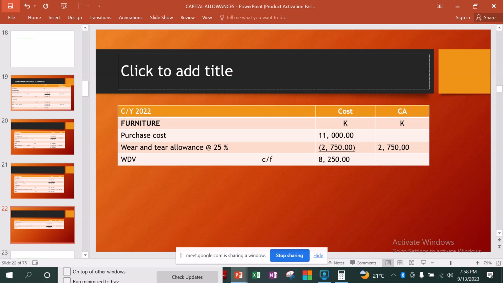We have learned that you should be able to distinguish for motor vehicles that which is a commercial motor vehicle and that which is a non-commercial vehicle, because the allowance rates that apply are different. For commercial vehicle, implements, plant and machinery, 25% wear and tear allowance. For non-commercial vehicle, it's 20%. Like a saloon car, that is a non-commercial vehicle.